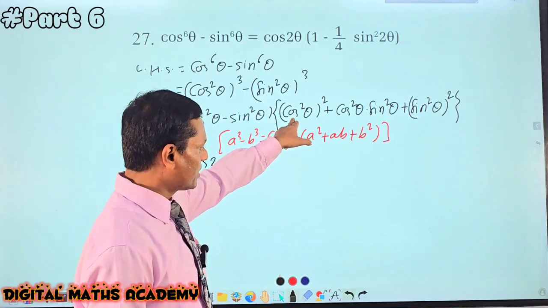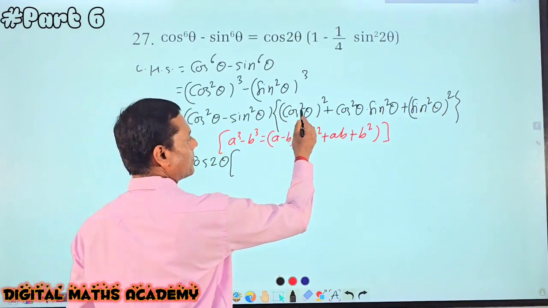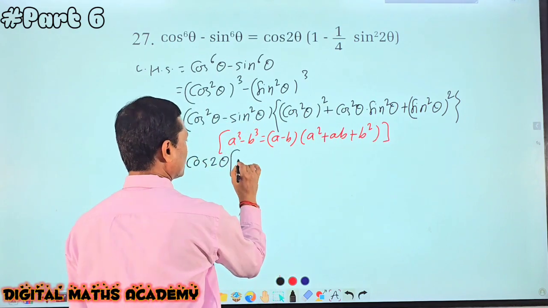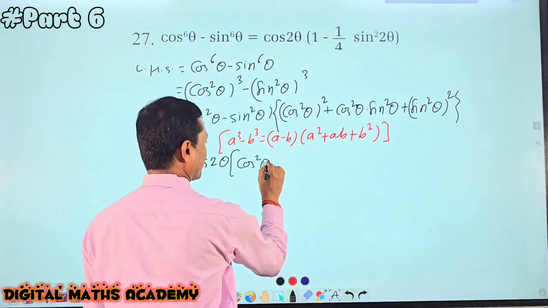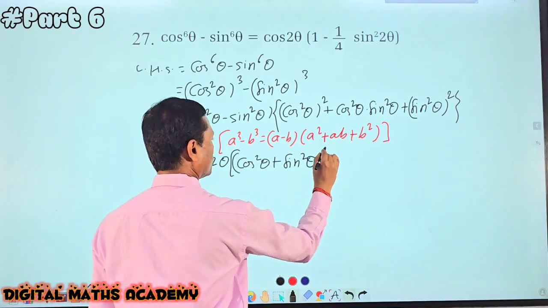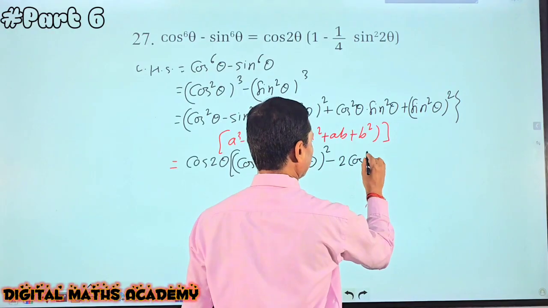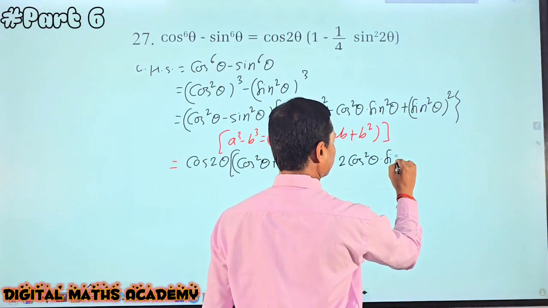So a means cos square theta, b means sin square theta. Let's apply the formula: a plus b whole square minus 2ab, which is cos square theta plus sin square theta whole square minus 2 cos square theta dot sin square theta.